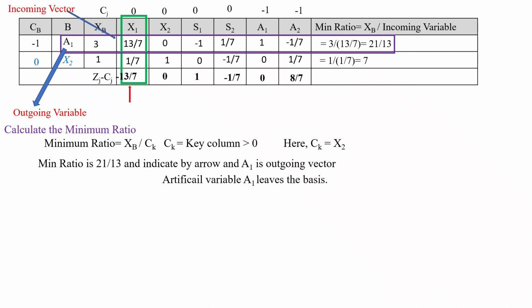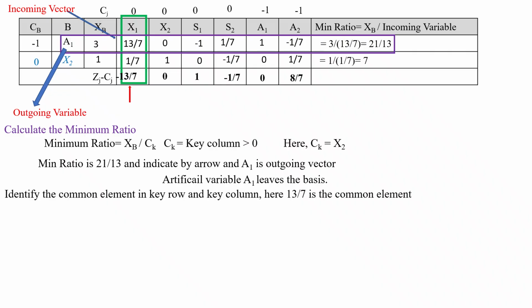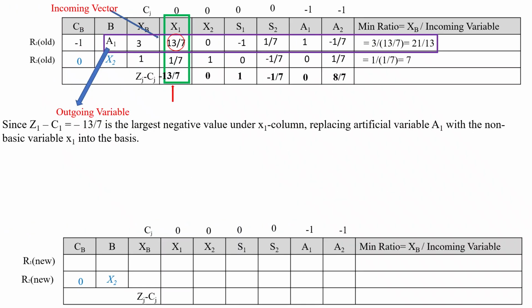So artificial variable A1 leaves the basis. Next we have to identify the key element. It is the common element in the key row as well as the key column, that is 13 by 7.